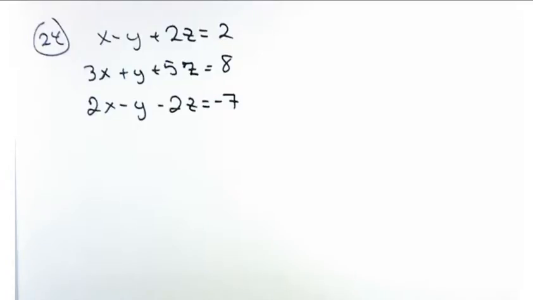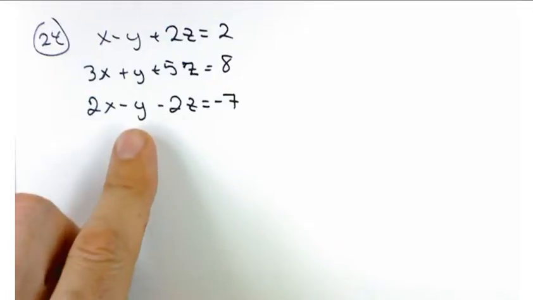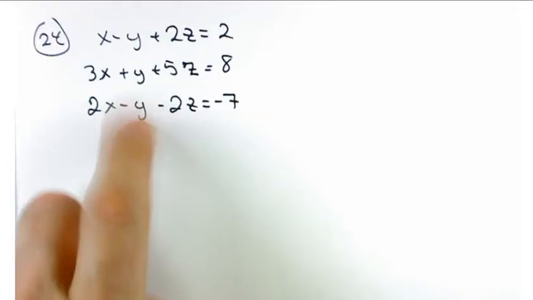Now you're free to choose any variable from any equation to help eliminate from the other ones. But to make it easy on yourself, I'd suggest you choose something with a coefficient of 1 or negative 1 as the variable and equation you want to work with. So, what's that? The y's cancel.